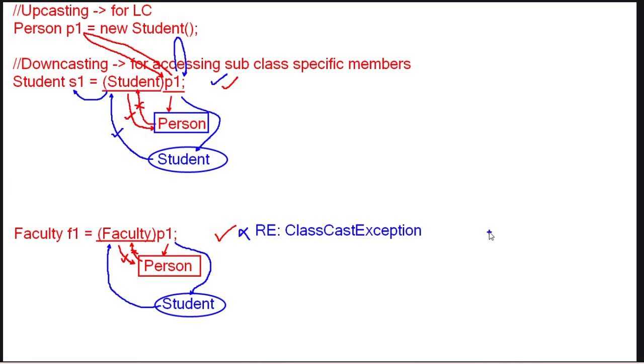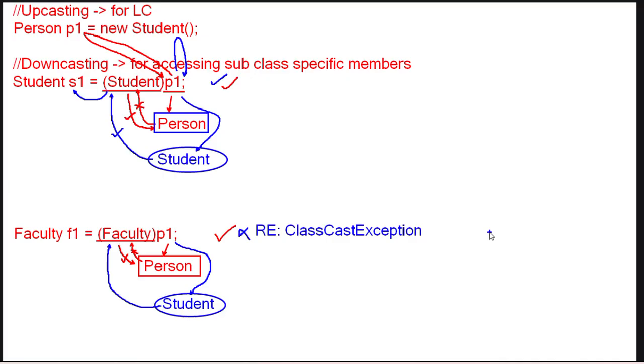If the object coming from the reference variable is not of the cast operator type, meaning it is not the same as the cast operator object or a subtype of the cast operator, then we will get ClassCastException. In another way, if the object coming from the reference variable is either a supertype or a sibling type, student and faculty being siblings, then it will throw ClassCastException. Understand?